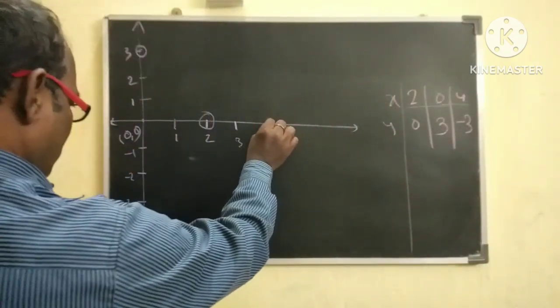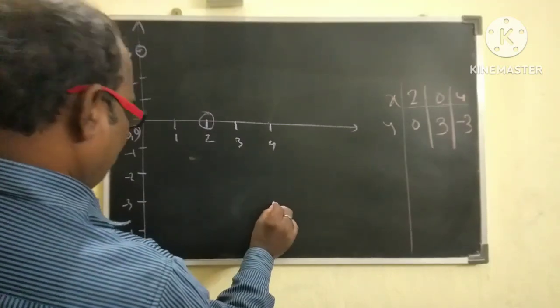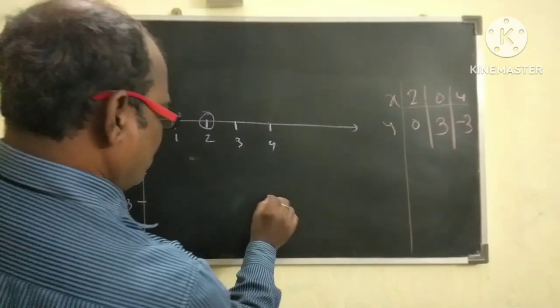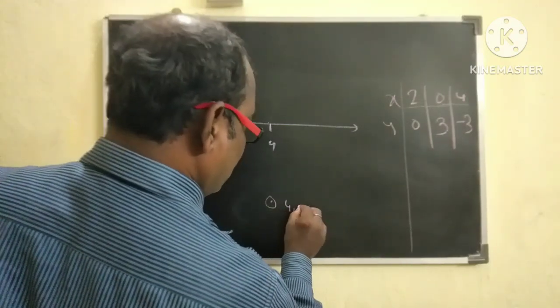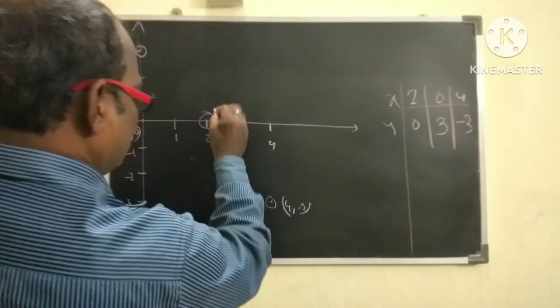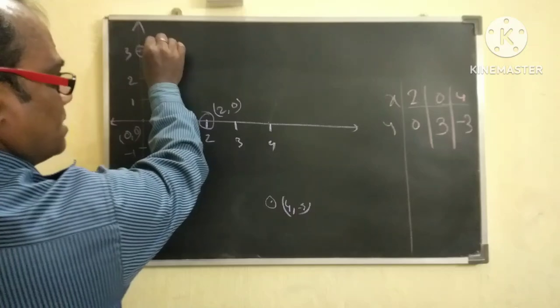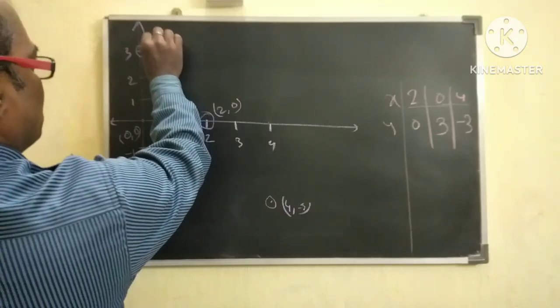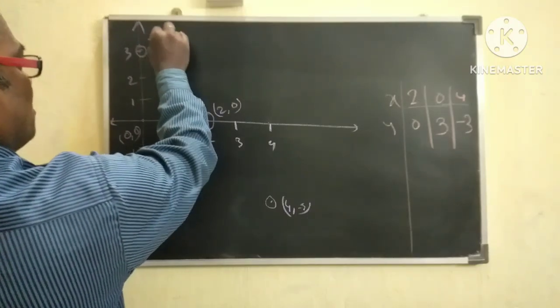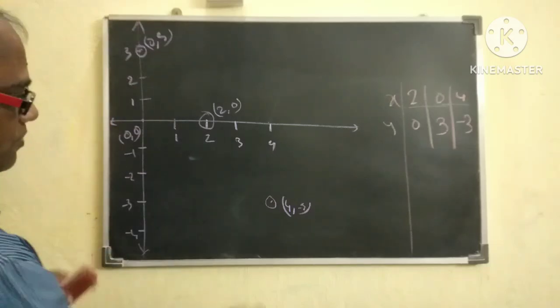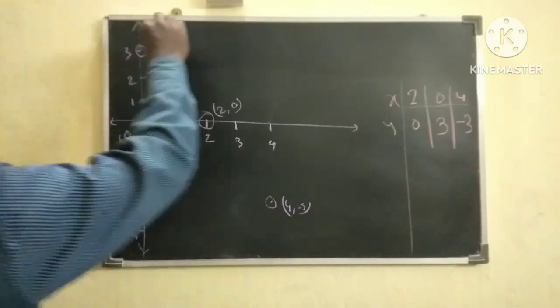So this is 4 and minus 3, somewhere here. So write down here 4 comma minus 3. This is 2 comma 0, and this is 0 comma 3. Now we'll join these points.